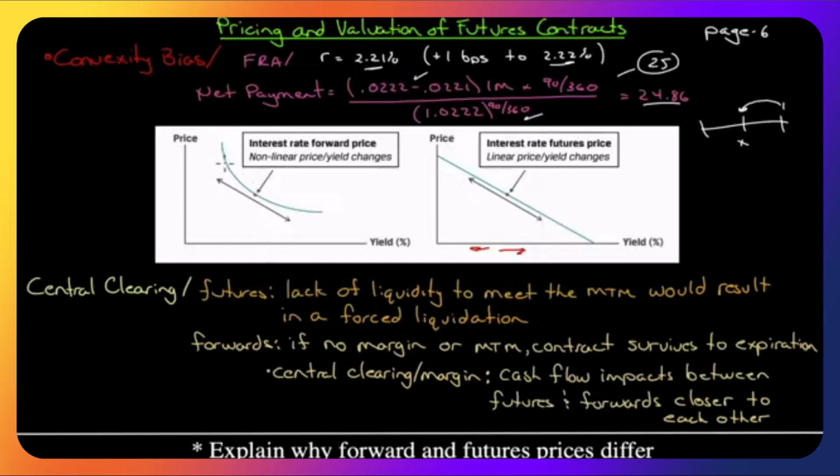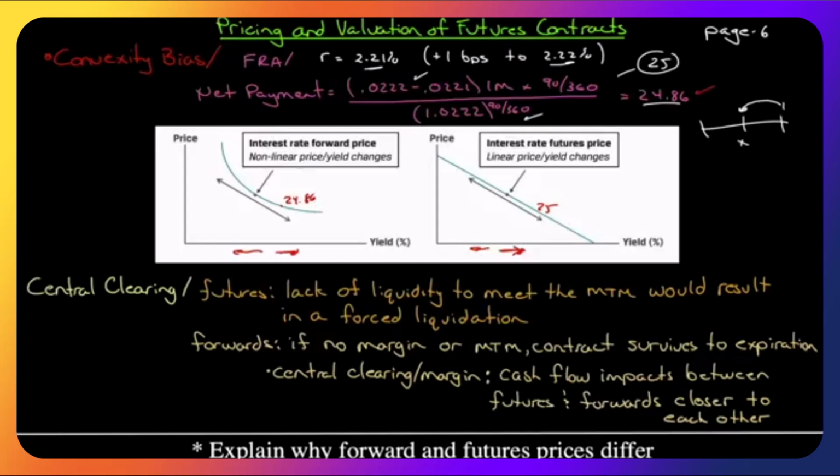However, we have convexity in the interest rate forwards, and we saw this in fixed income, that bonds have this type of convexity, that as rates drop and rates increase, you do not have a linear relationship between the two. $25 versus $24.86. We increased the price by 1 basis point, $25. Increased the price by 1 basis point, it was $24.86.